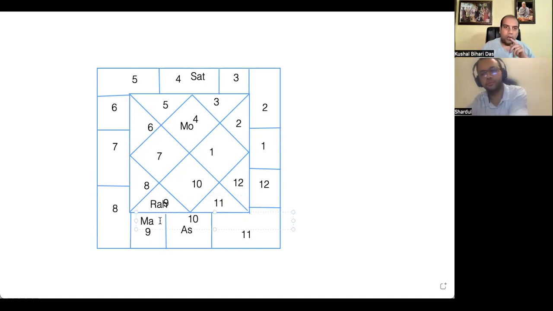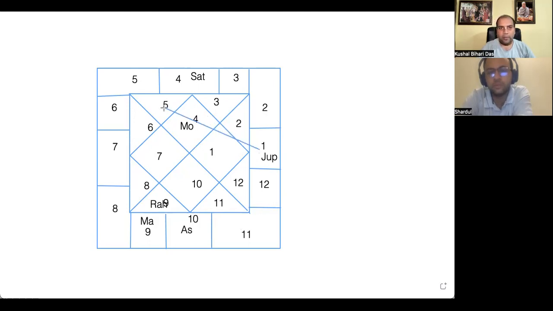And also what we see is Jupiter. Suppose Jupiter is here. We check whether Jupiter is aspecting the Moon, Lagna or Lagna Lord of the other person's chart.